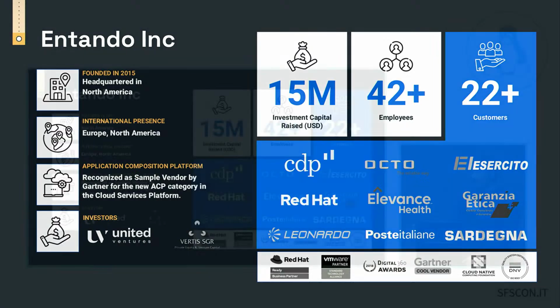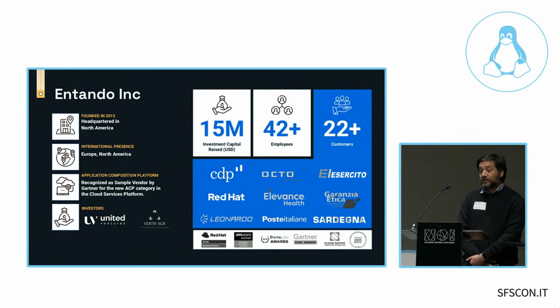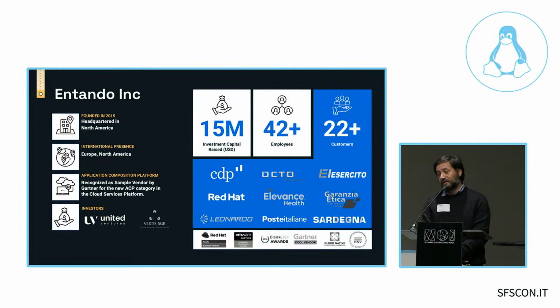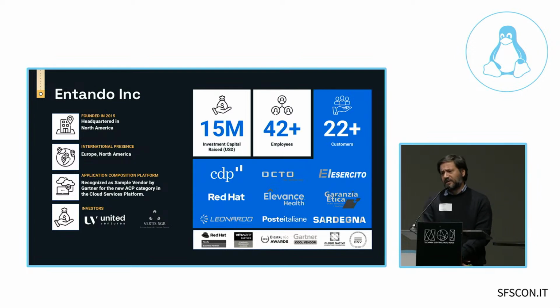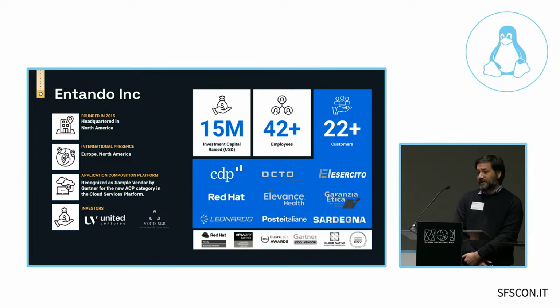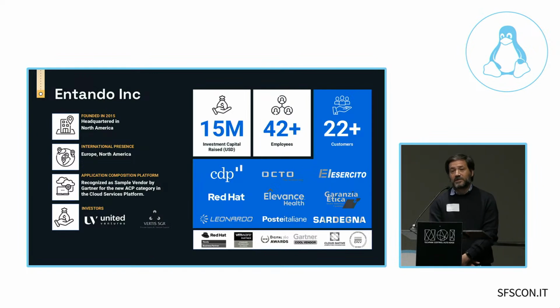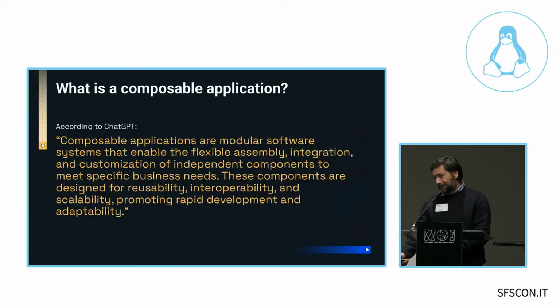And as you can see, we already have some sort of market there because we have customers mainly in the public sector in Italy, but we have customers in the US as well. Elevance is a great insurance company and is using Entando to build their web solutions.